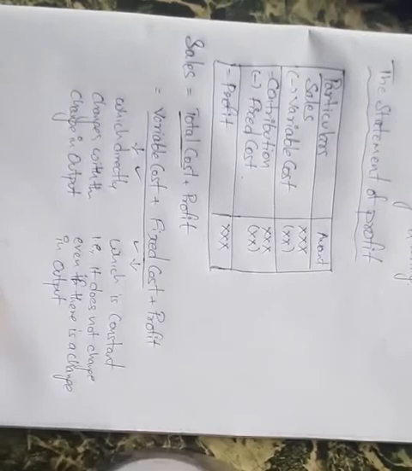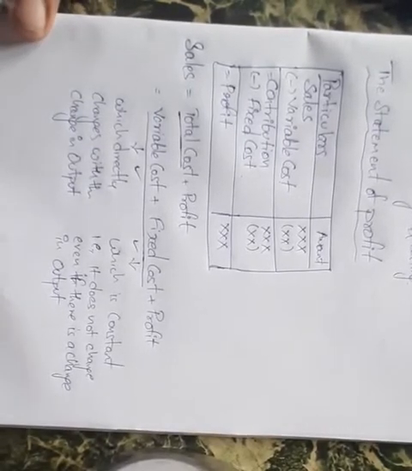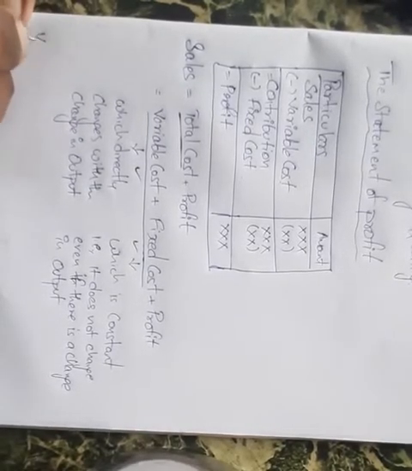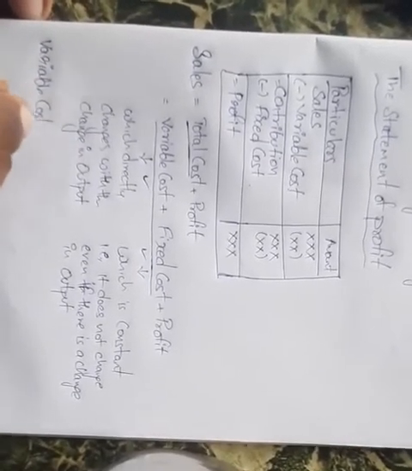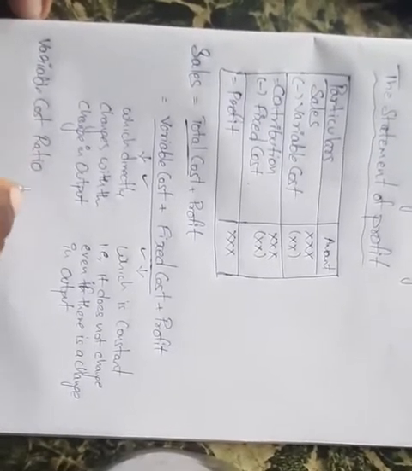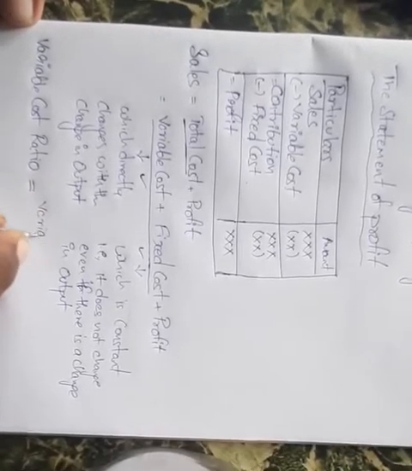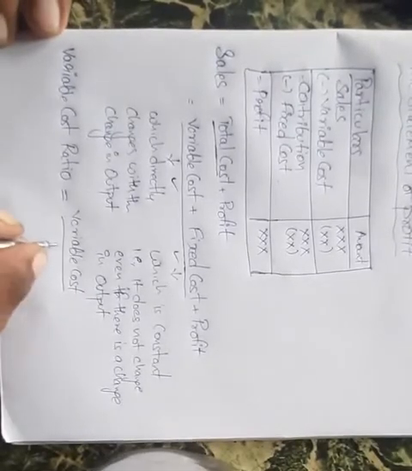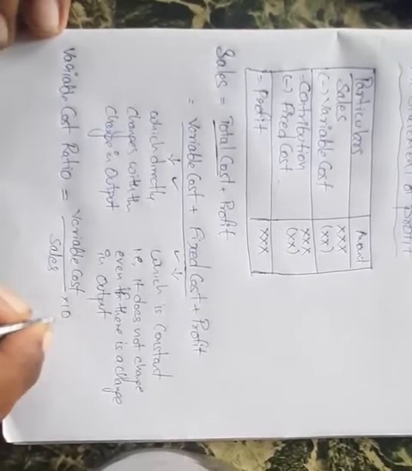Okay, so now let us understand the ratio of variable cost. Variable cost ratio is equal to variable cost divided by sales into 100.